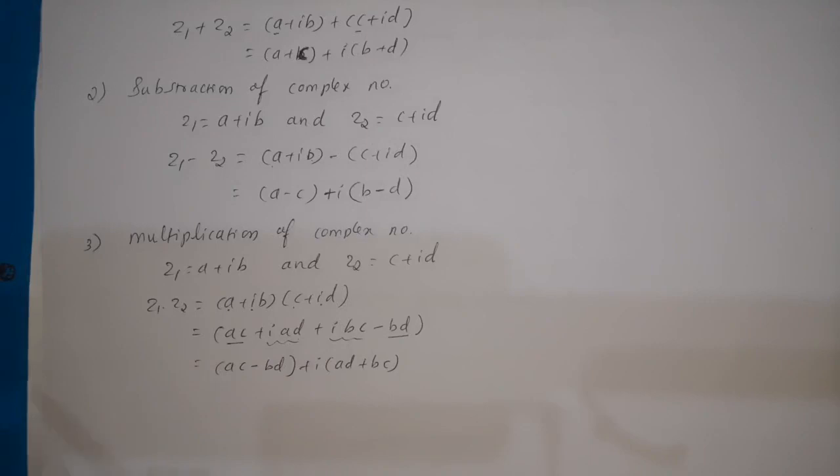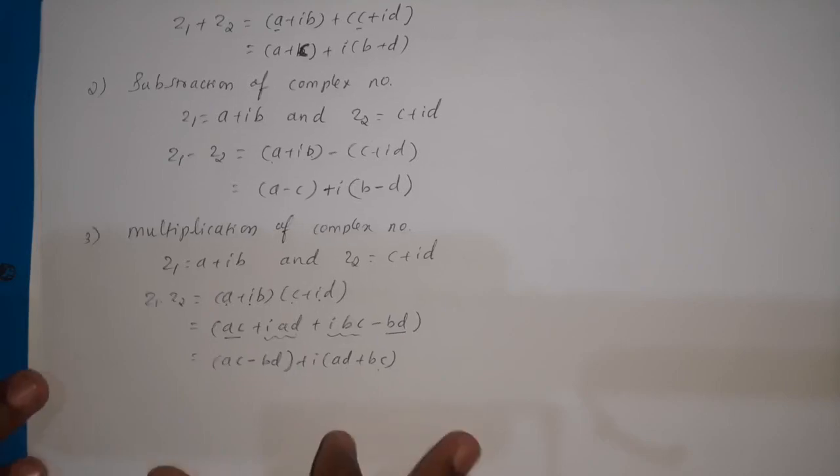So then collecting real and imaginary parts separately, we get the real part as AC minus BD and AD plus BC as the imaginary part. So therefore this will give the product of two complex numbers z1 and z2.